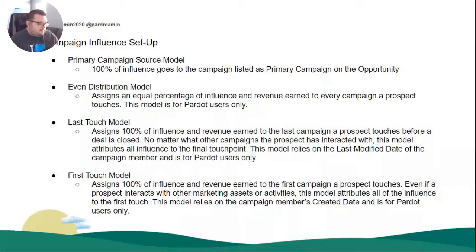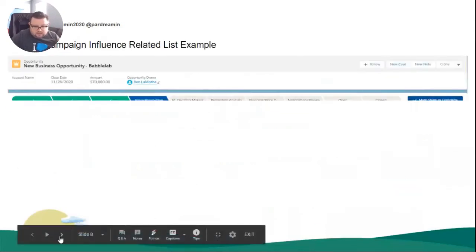But sales can come behind them and say the primary campaign is not this, it's this. So you can effectively override the first touch by entering a primary campaign source on the opportunity. Whereas first touch is more programmatic, the primary campaign can be changed. Marketing can come in and say, nope, that doesn't look right, I know that this person came in from here. So that is one way that it is different.